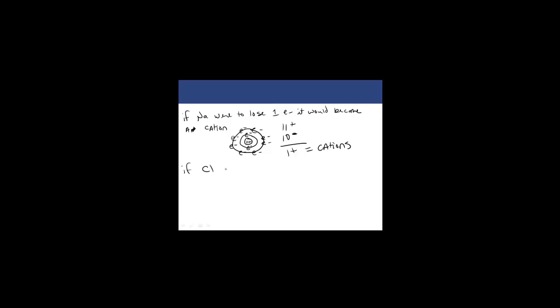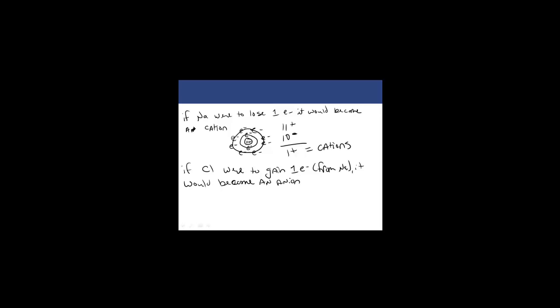So if chlorine were to gain 1 electron from sodium, it would become an anion, or a negatively charged ion.